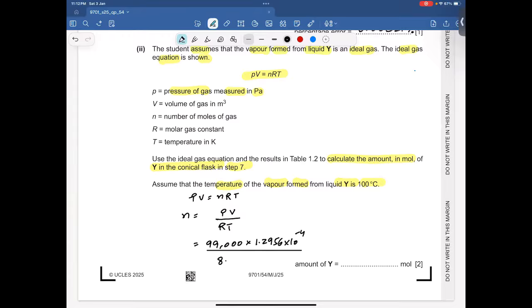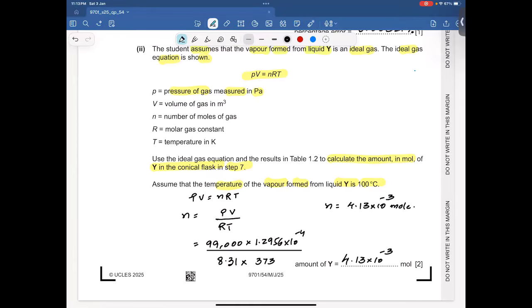So it's 8.31. You have done this value with me in AS also. Temperature is 373. So the value of n is going to be 4.13 into 10 to the power minus 3 moles. Okay, so the amount of Y in step 4 in the conical flask is going to be 1.3 into 10 to the power minus 3 moles.